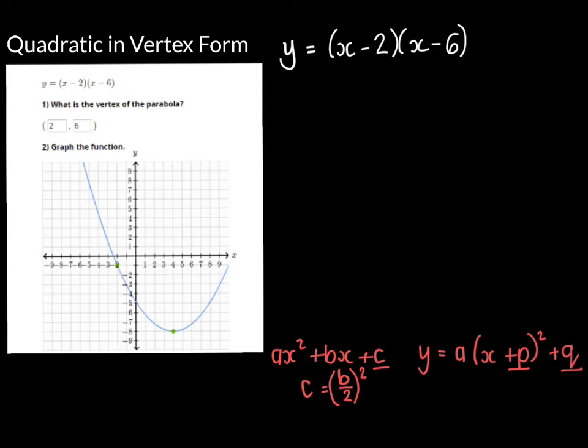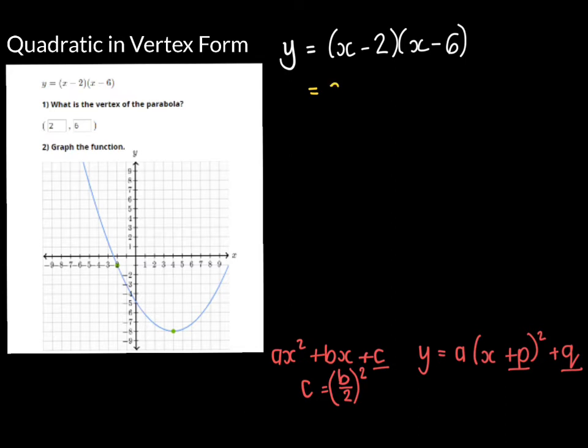So let's jump straight into it. If we want to write (x minus 2)(x minus 6) as a perfect square, or in vertex form, what we're going to do is first expand these two brackets. So we're going to use the FOIL method and get a whole trinomial rather than two separate binomials.